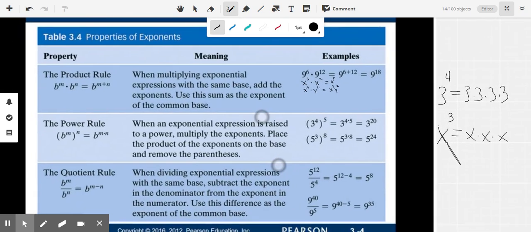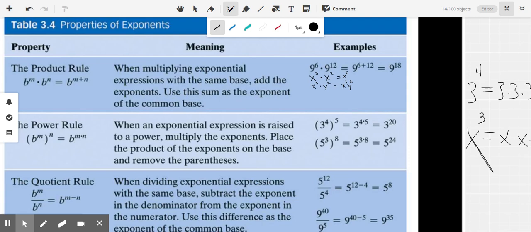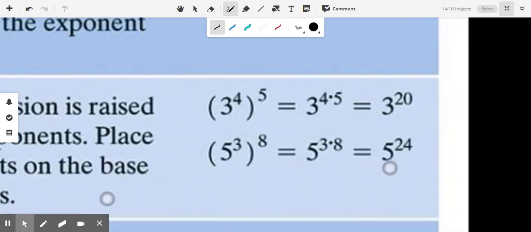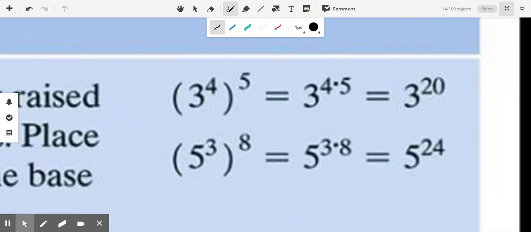Let's look at the power rule first. All right, here's the power rule. Notice the difference. I'm taking a power, putting it in parentheses, and then raising it to another power, or it's got an exponent raised to another exponent. Okay?